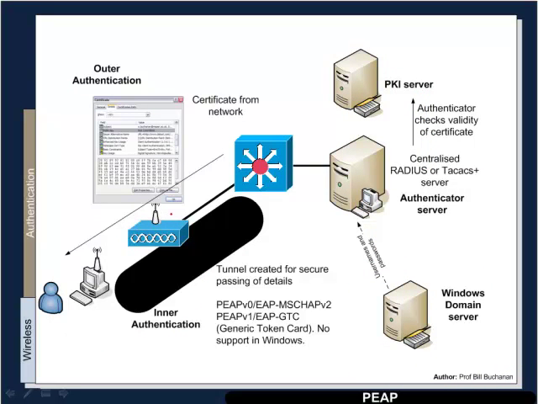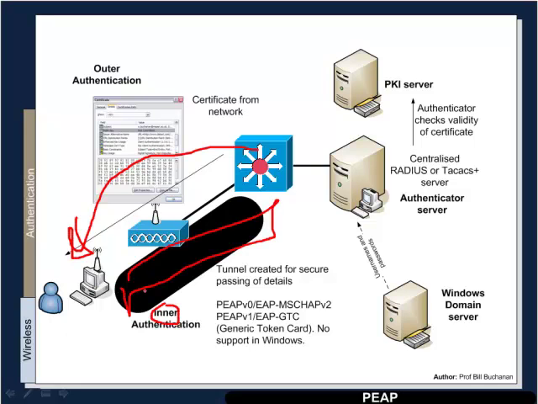For PEAP, PEAP sends a digital certificate to the device. That digital certificate is then used for what's called inner authentication. Inner authentication then allows the user to pass their username and password and be validated onto the system.